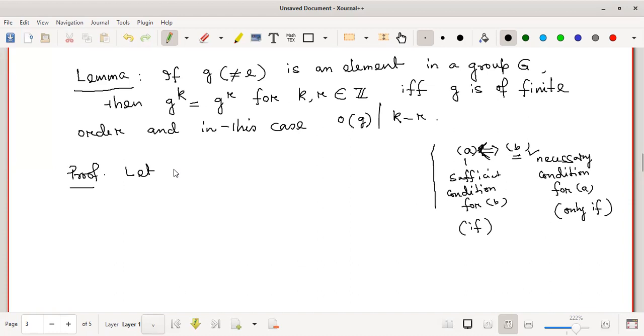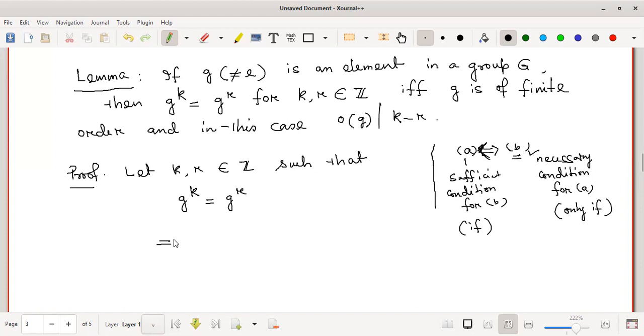So let k, r belong to Z such that g to the power k is equal to g to the power r. Okay.